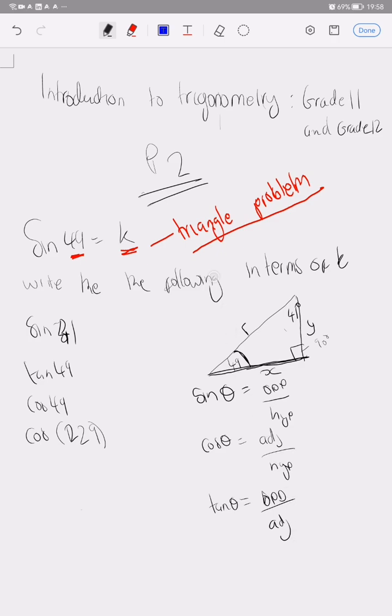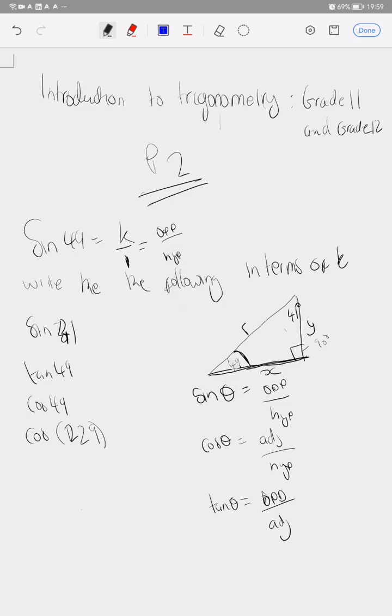Since I'm dealing with sine 49 is equal to k, I just break it down into a fraction. Sine of 49 is equal to k over 1. Since I'm dealing with sine, I know this is the opposite and this one will be my hypotenuse.